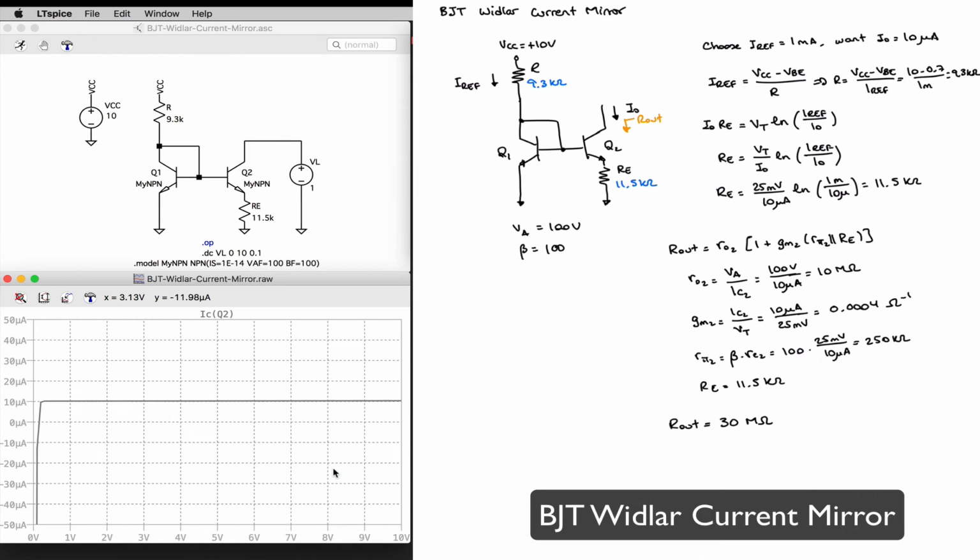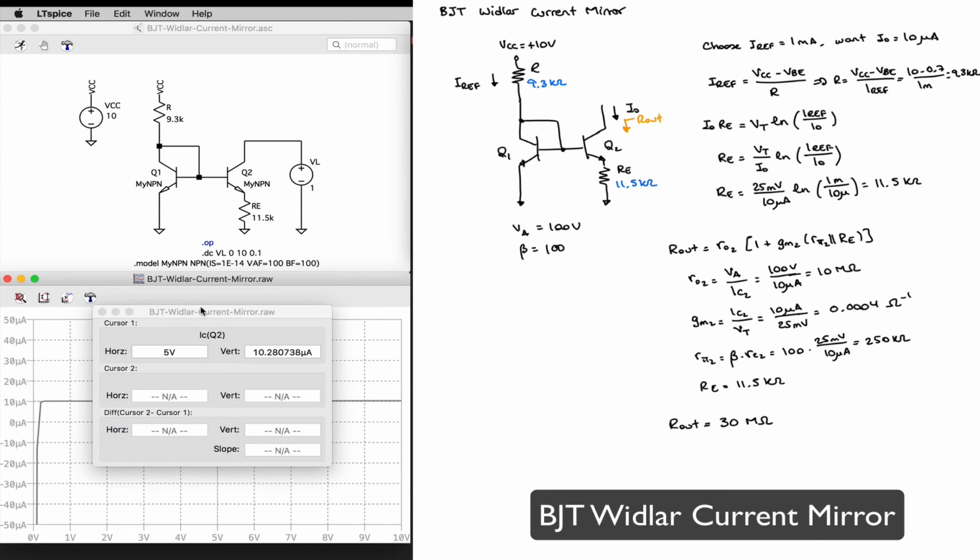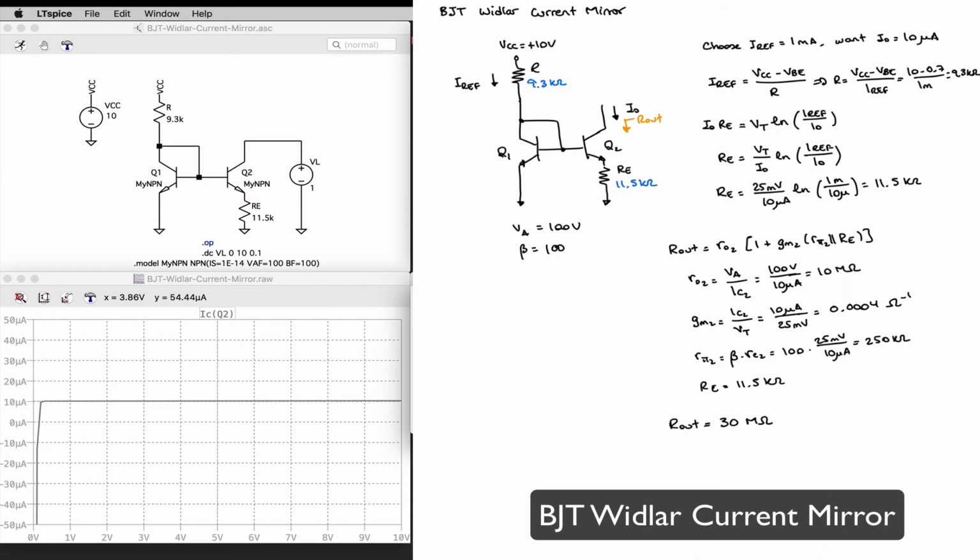I can view my grid. And I can go ahead and try to calculate my output resistance by using the cursors. It's going to be still the inverse of that slope. We can see right away my compliant range there. I don't have as much of a voltage drop across RE just because my current is very small. So it's better than the emitter-degenerated current source that we previously saw simply because of that.